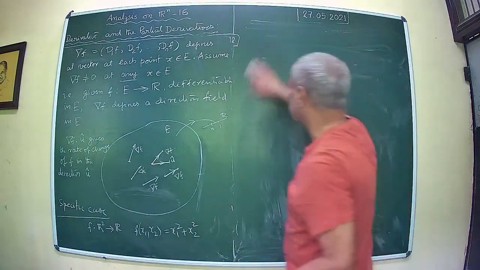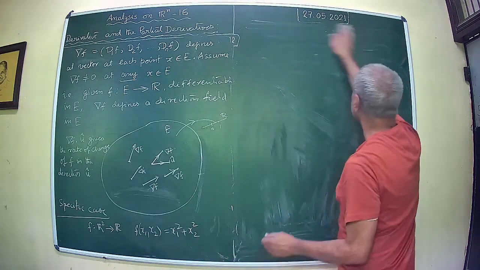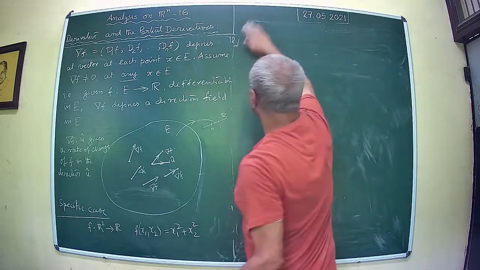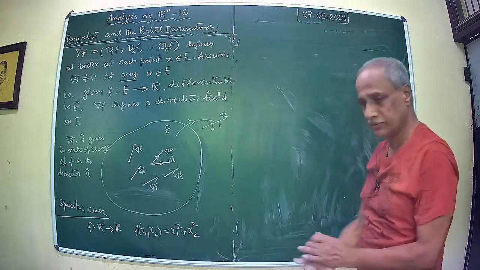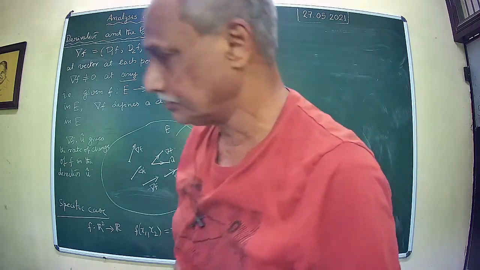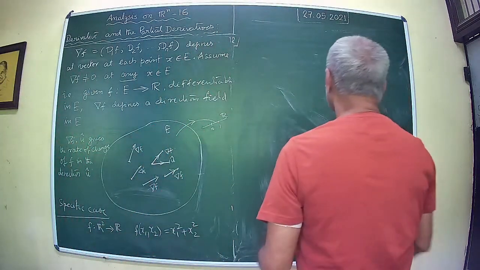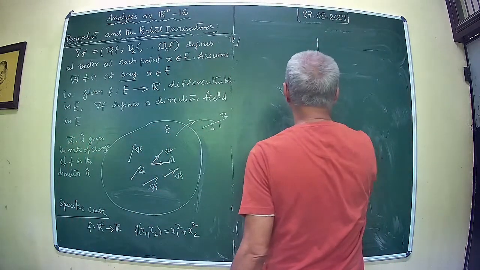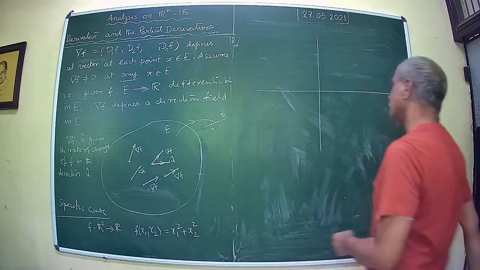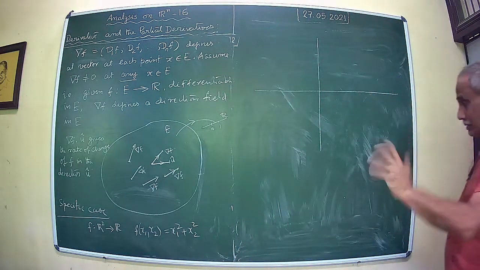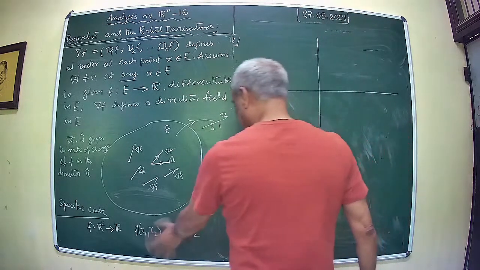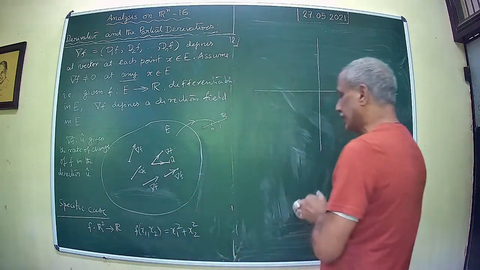I mean, that's the assumption. I am not going into the details of that, but those who have done physics would understand the meaning of that. So what are the equipotential curves? That means the curves along which it takes the same value.